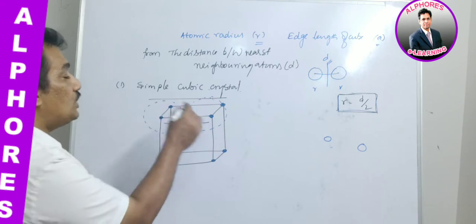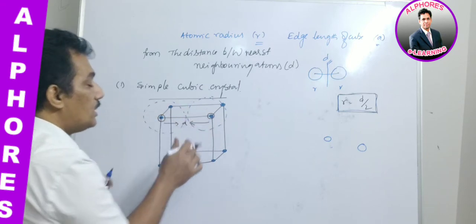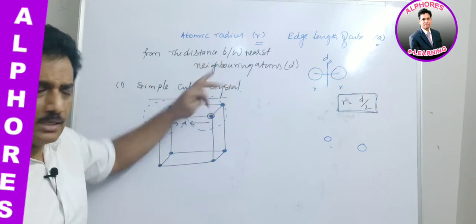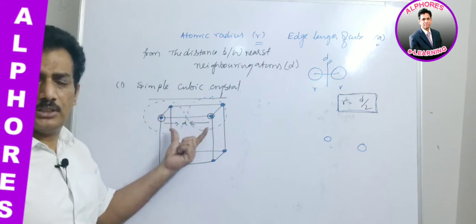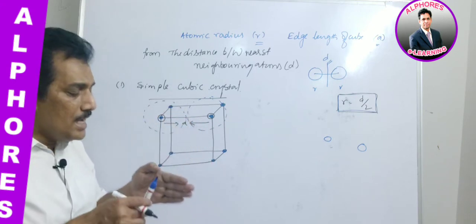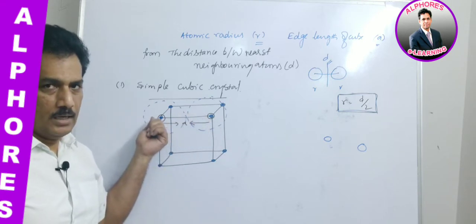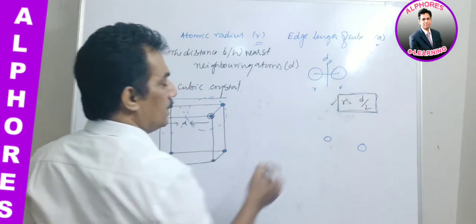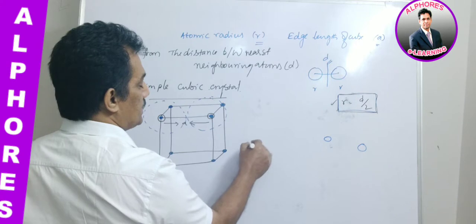And now these two are the closest. Not only these two, any of these two with the same distances. In this simple cubic crystal system, the nearest neighbors are nothing but two corners. Clear?